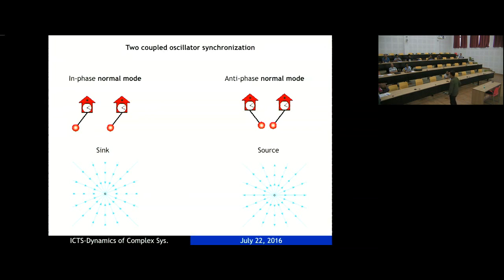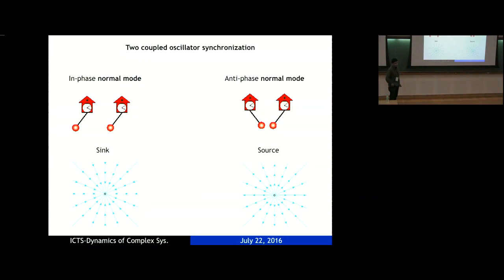So he's drawn these arrows. If you just go outside, you'll fall. Just a phase portrait will tell you. These are very simple equations. There are two modes: one is the in-phase mode, and the other is the anti-phase mode. One is source, the other is sink. That's it.